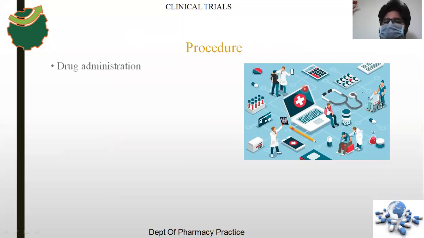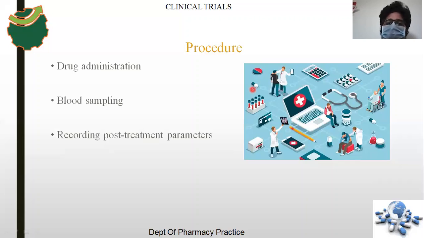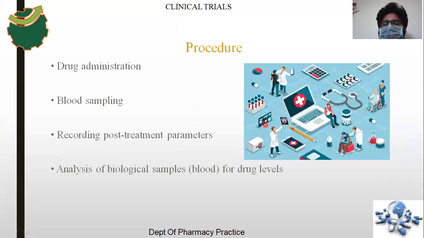Next, you administer the drug and collect blood samples from the patient. You'll record the post-treatment parameters again, recording what changes happened in the patient. Next, you will analyze the blood samples for the given drug levels, like Cmax, Tmax, and the dosage levels which will be seen.